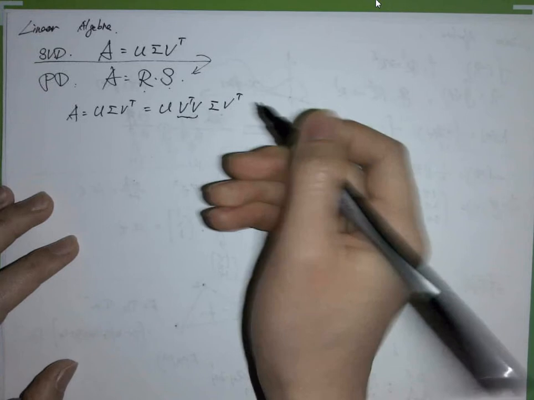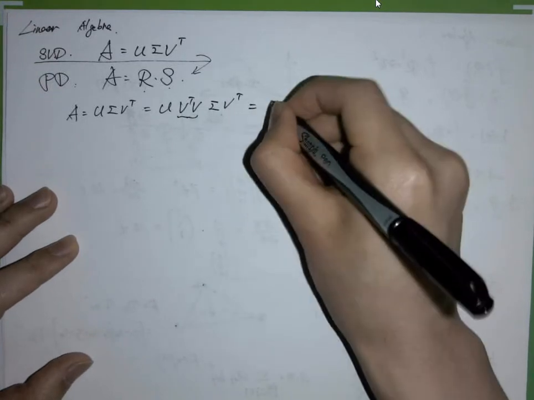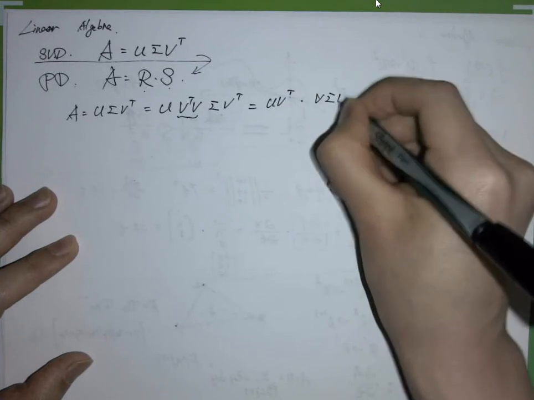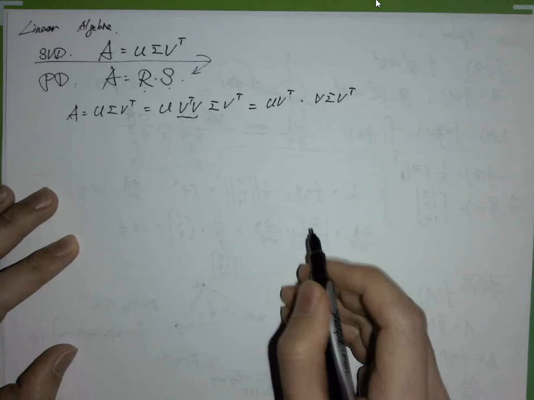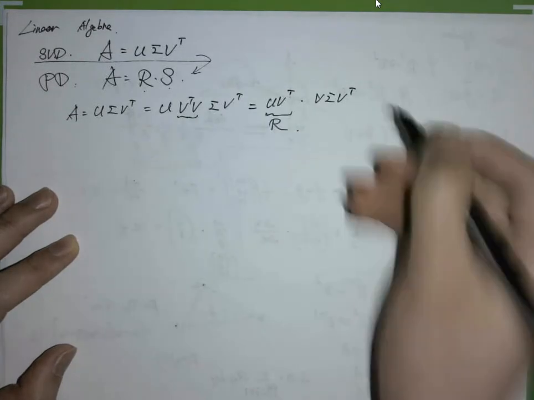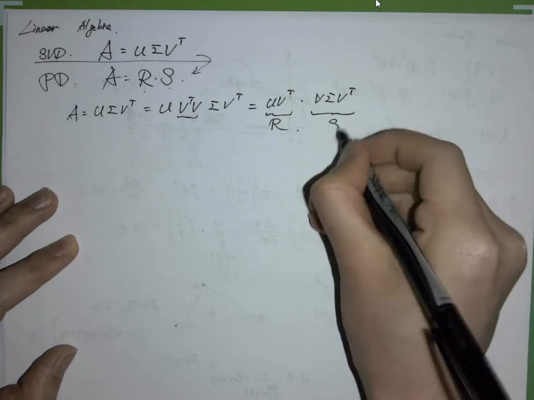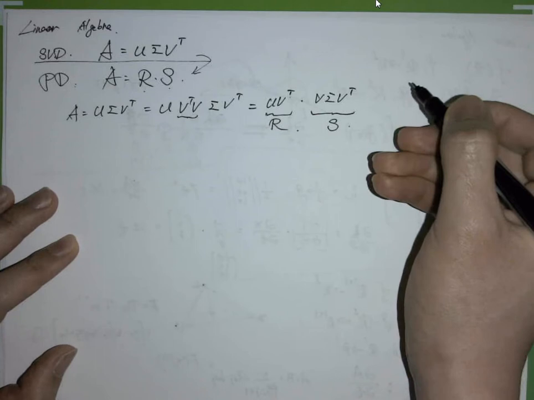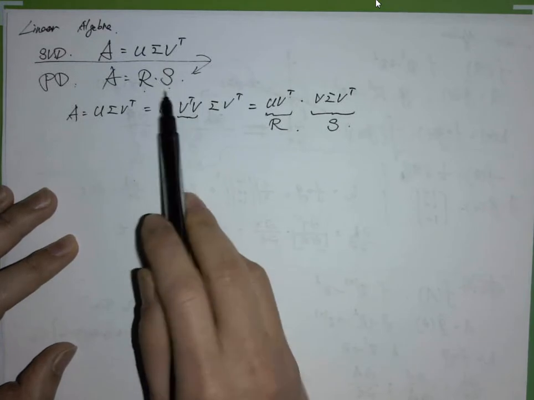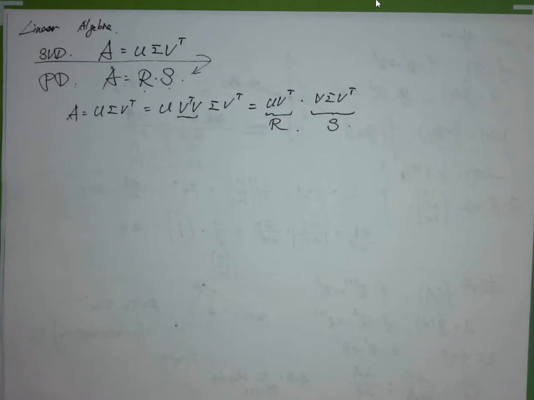Right, because this one is just identity. And then it becomes UV transpose multiplied by V sigma V transpose. This UV transpose is basically our best fit rotation. And this V sigma V transpose is a symmetric matrix. So this is how we get from a singular value decomposition to a polar decomposition. It's really easy.